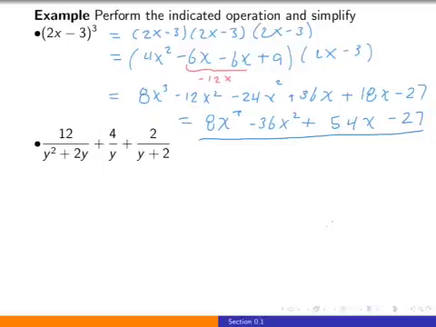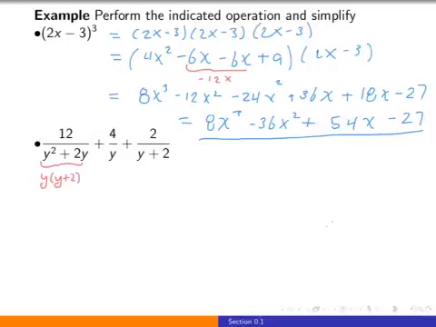In this next example, we're dealing with fractions, and we would like to add together 3 separate fractions. And in order to do so, what we know we need to do is find a common denominator. If we focus in on this first fraction and its denominator, y squared plus 2y is really y times y plus 2.